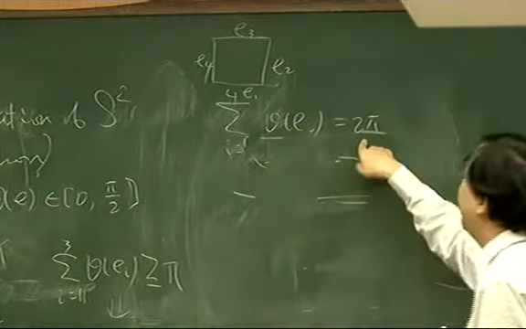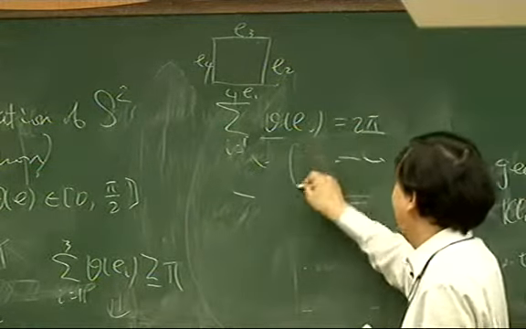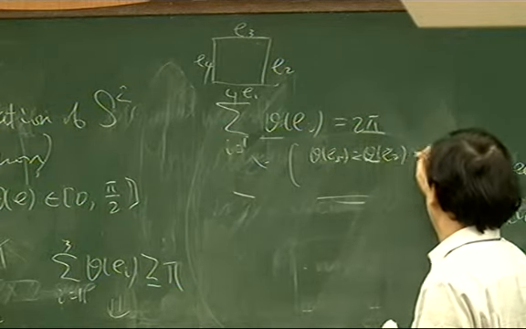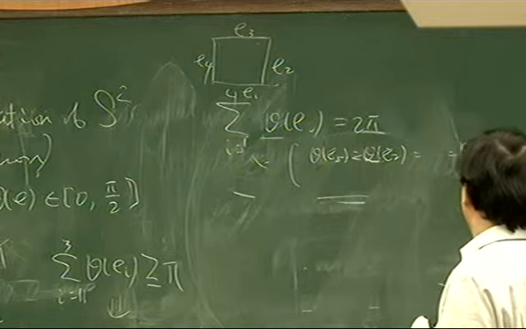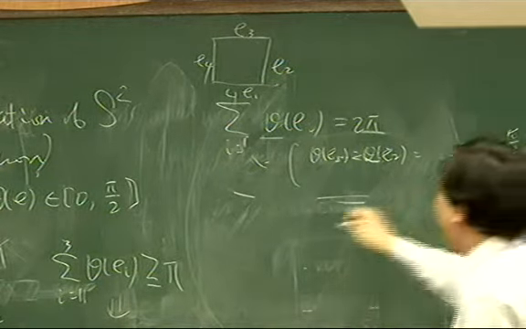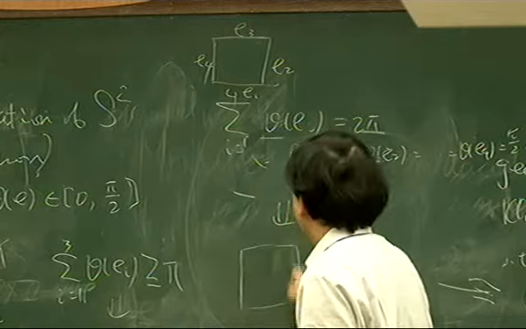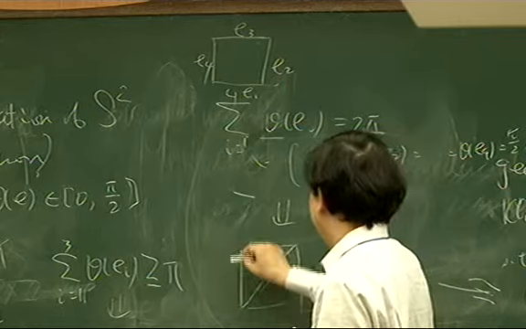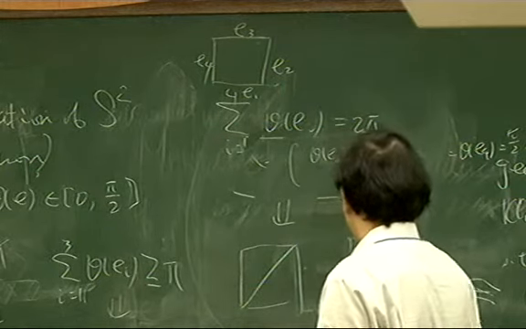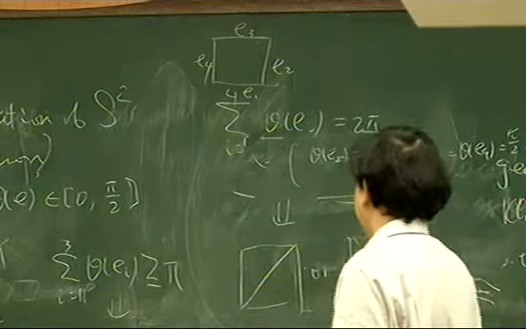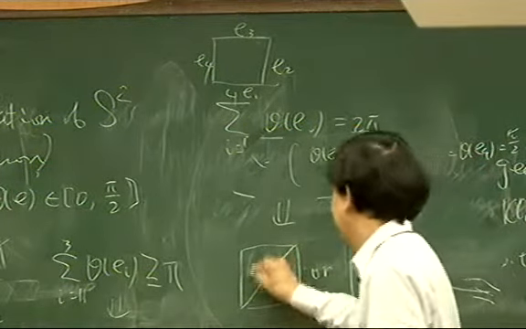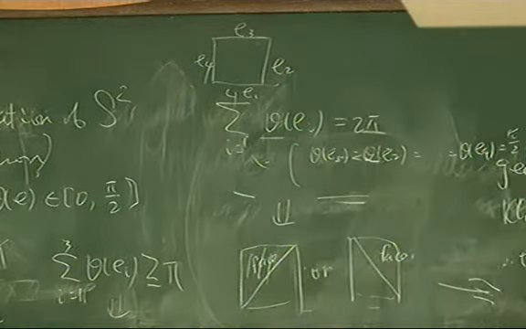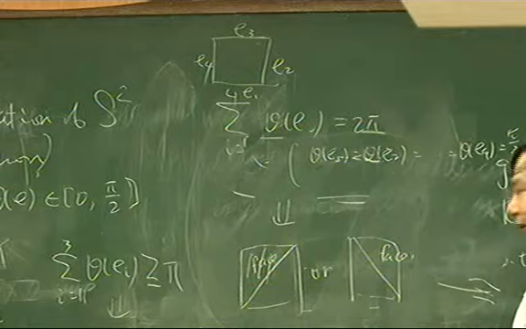Then if the sum is equal to 2 pi, that means that everything is equal to half of pi. Then, well, this bounds a union of 2 faces. So there's something like that. So this is face. So these two are assumptions.